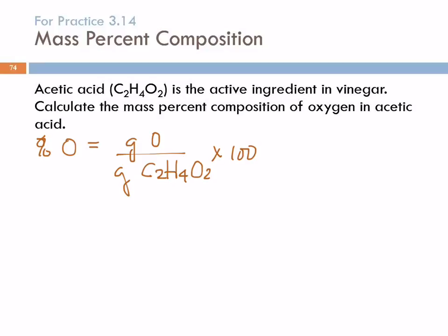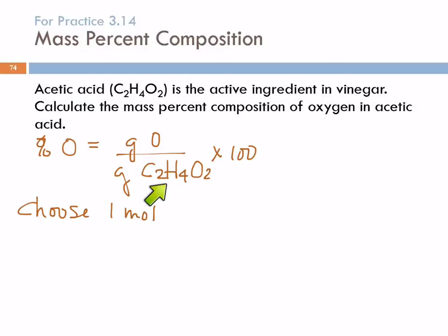There are no numbers in the problem, so this is where we choose. We're going to choose to do our calculations for 1 mole.